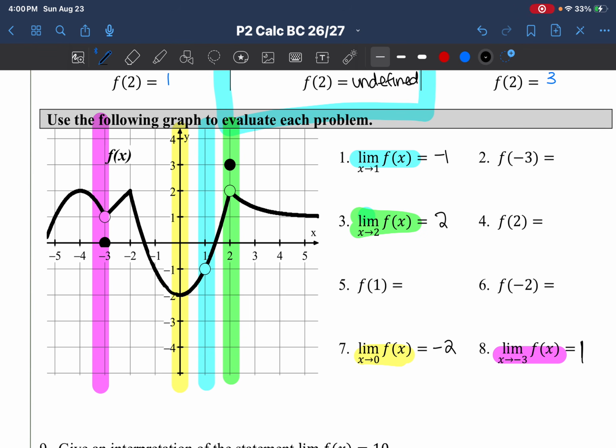Well, f of -3 is here. And notice I have a closed circle on 0, so that's my answer. F of 2, I have a closed circle here, so that's going to be 3. F of 1, right here, there's an open circle, so this is undefined. F of -2 is right here at +2. And that's us filling in all of the problems.